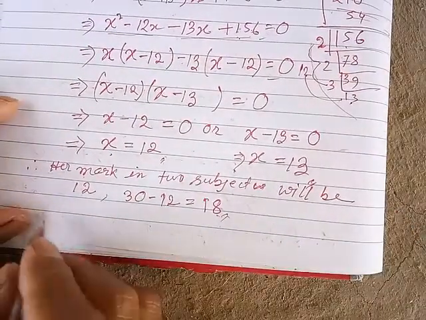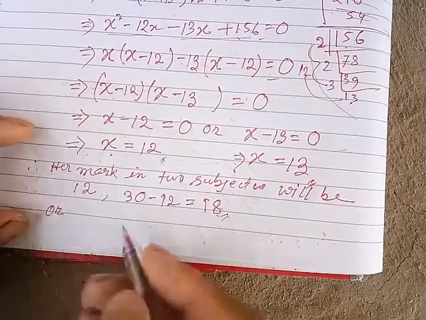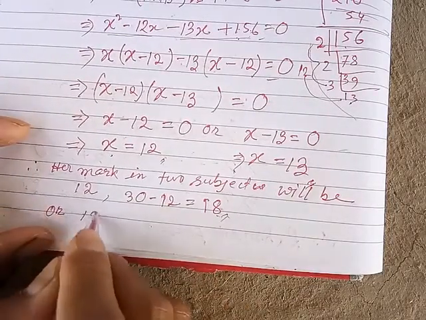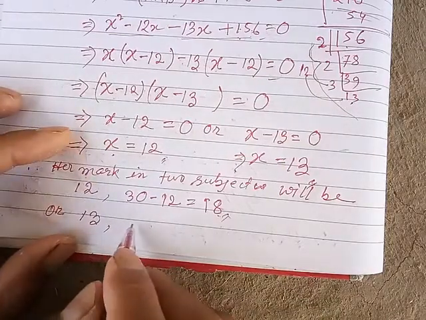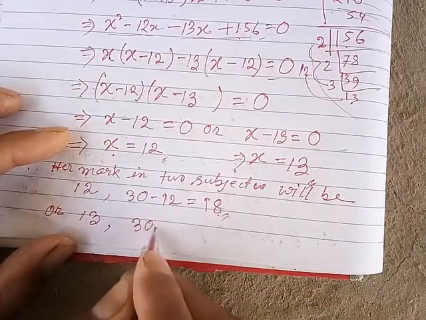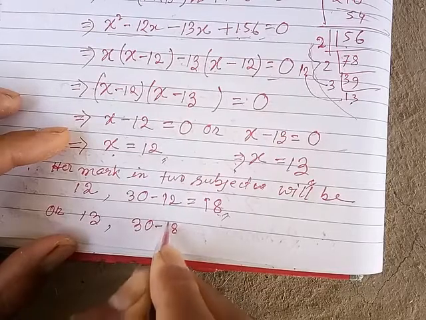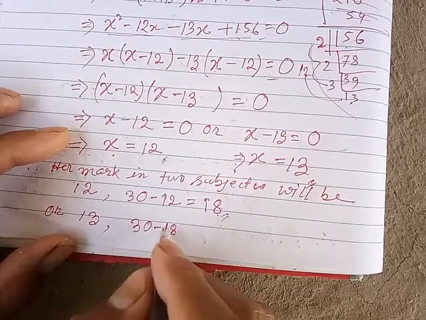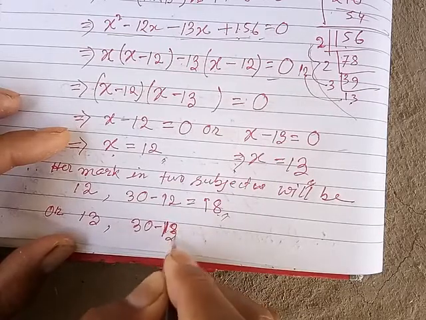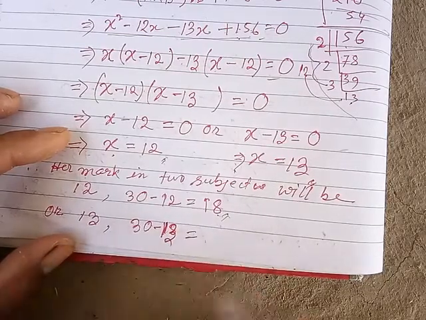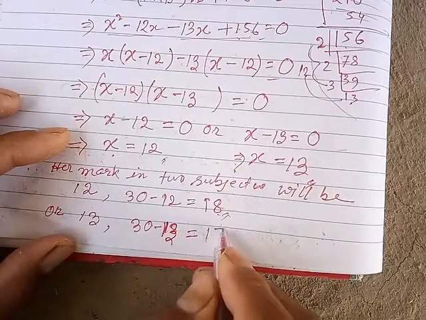Or it may be like this also, or 2 subject marks will be, if the mathematics marks is 13, then English mark will be how much? 30 minus 13, 30 minus 13 will be 17.